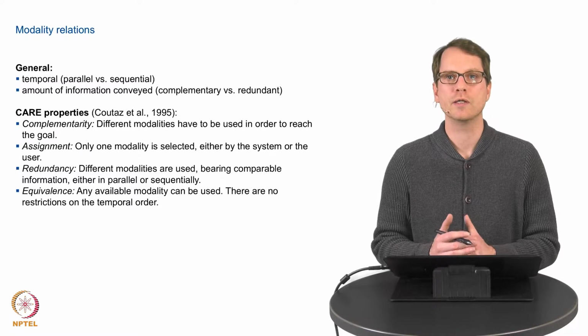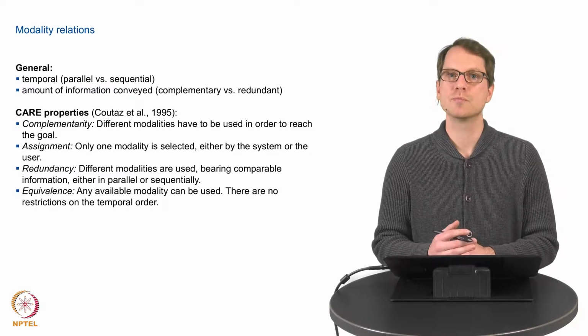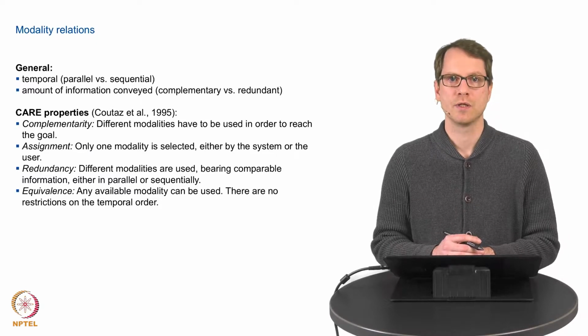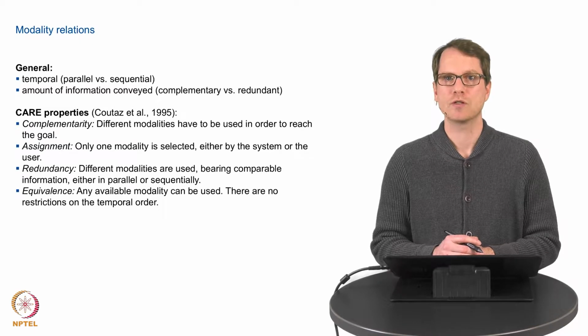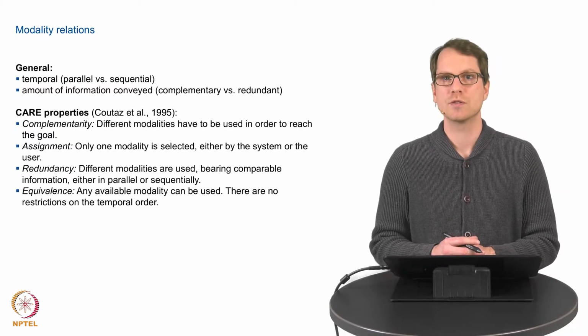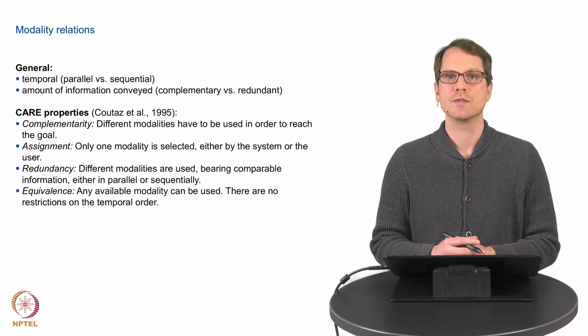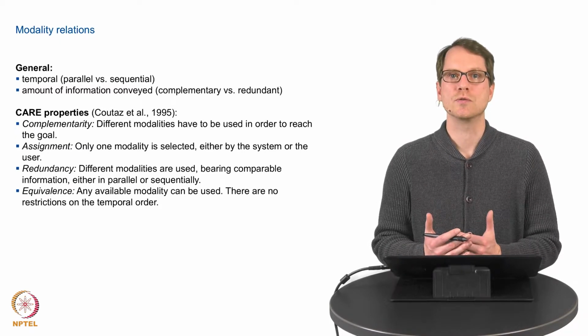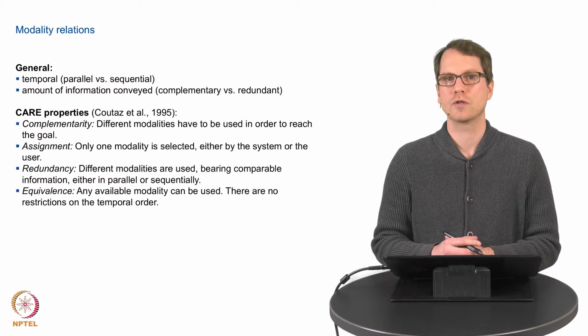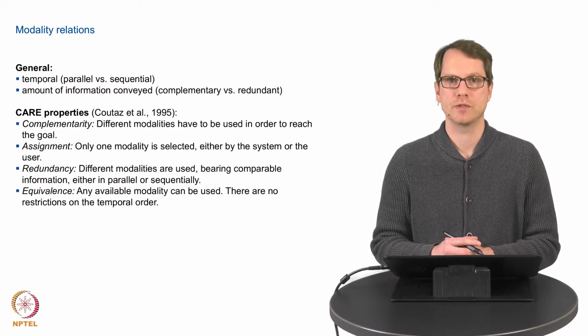We are all referring here to different information that is used for the same task, but this may change in the next slides. So, based on these two principal dimensions, these two principal relations actually, there is a nice systematic approach, which results in 4 different so-called CARE properties. These CARE properties I will present now in the following.